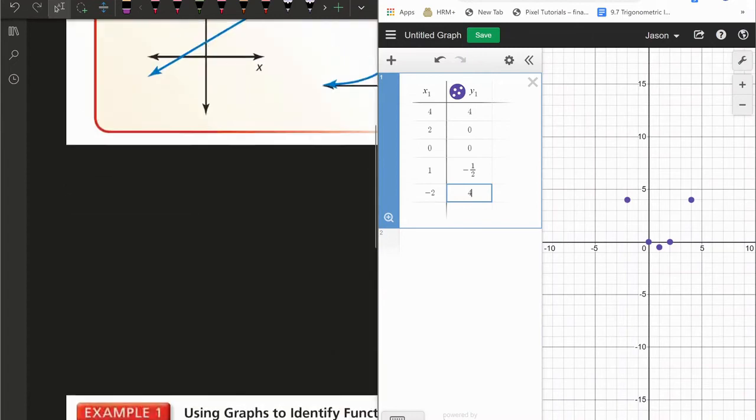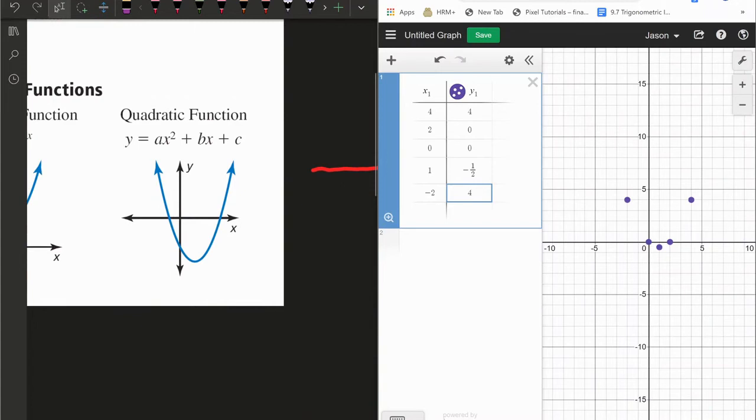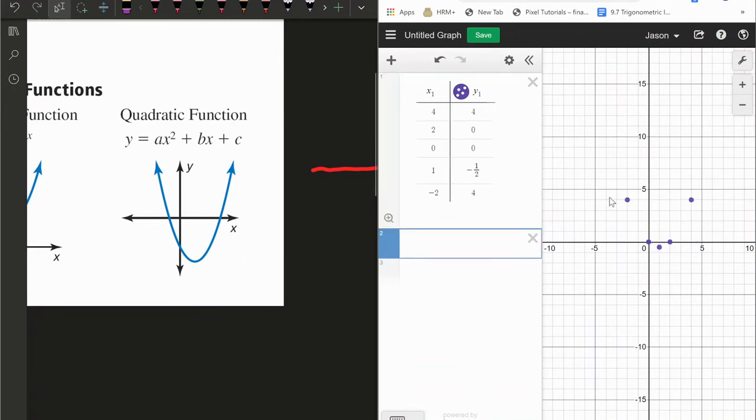So going back up to my chart here, I see that my quadratic function is y equals ax squared plus bx plus c. If I want to find the equation, I can very easily have my technology figure this out for me.